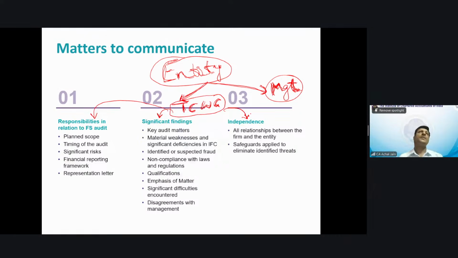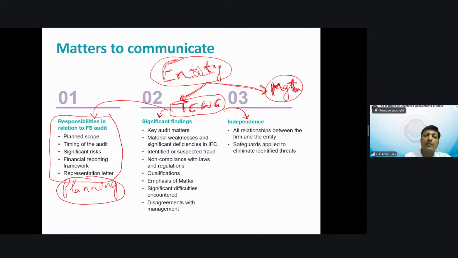Yes or no? So that's where this discussion around the planning part becomes important. And as we discussed, timing plays a very important role here. So now, suppose there are a few areas around the planning which are required to be communicated, so when should that be discussed?